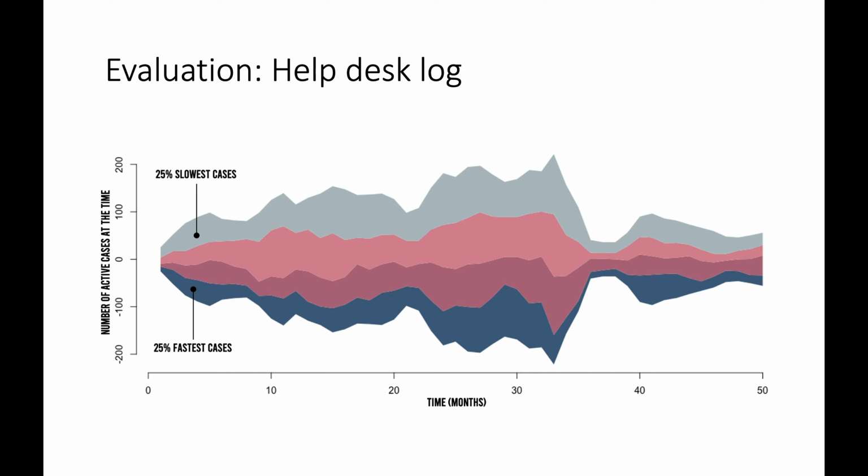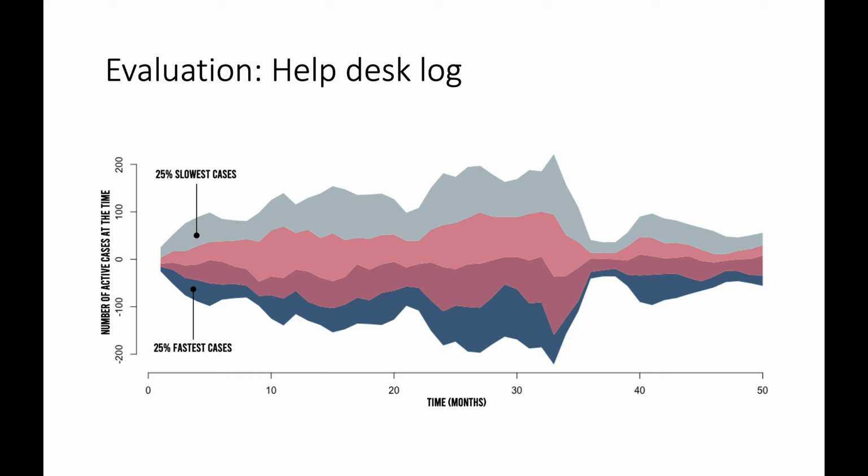This representation already easily gives us the idea that around month 35, all the cases were brought to a halt. Something was happening so that all the cases, independently of how fast they are, were slowed down.